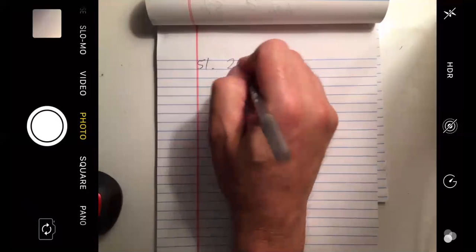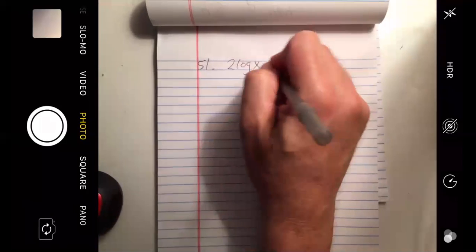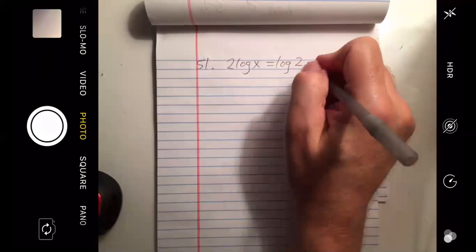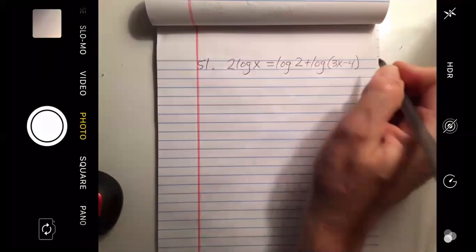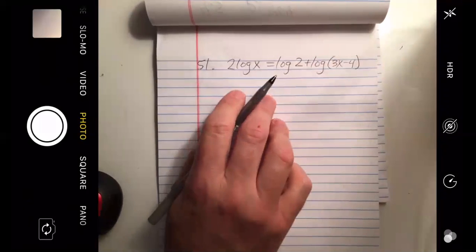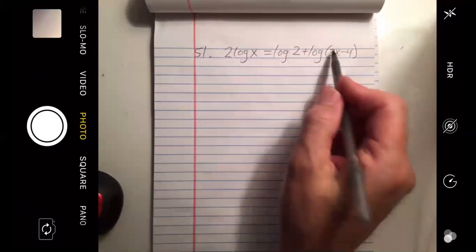Sure. Log x equals log 2 add log of 3x minus 4. All right. But the combine is going to be on this side.